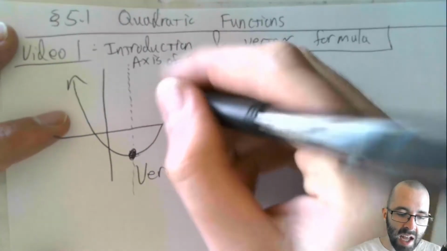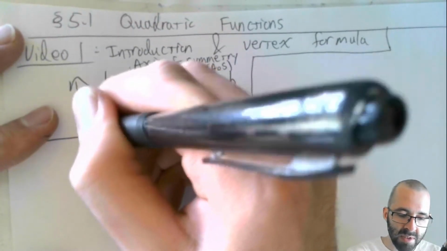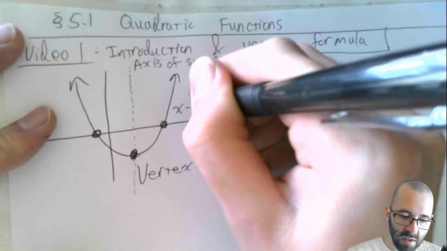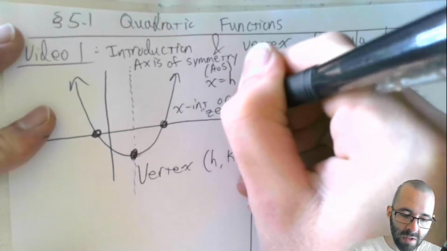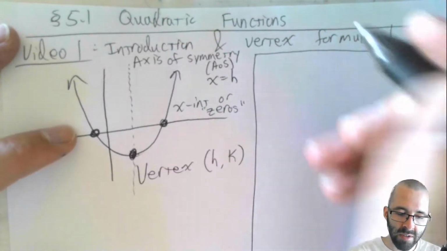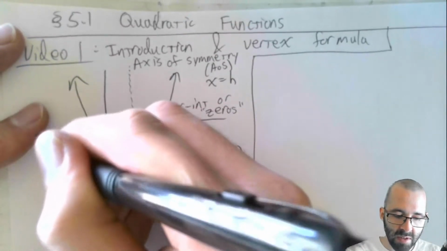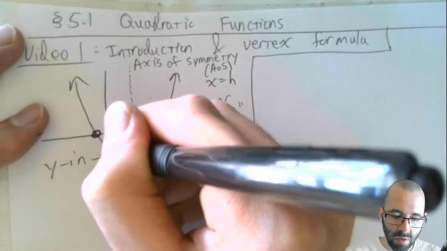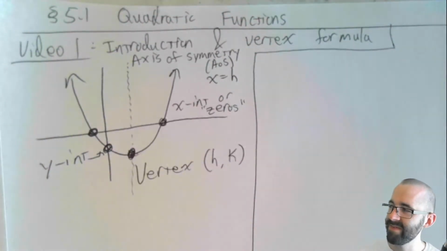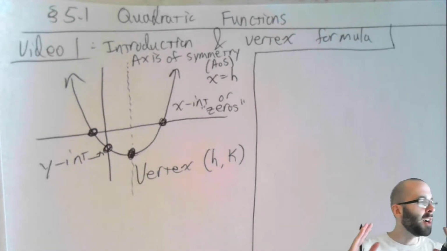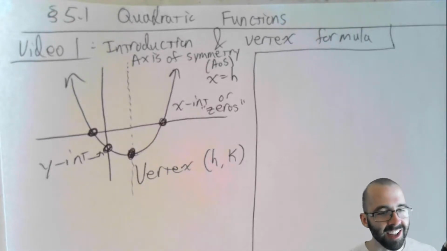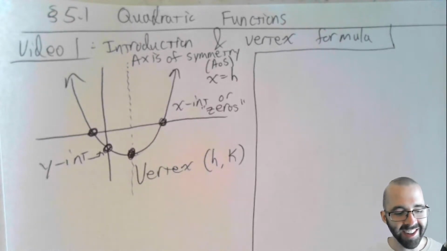Then we may also talk about x-intercepts, otherwise known as zeros, over here too. We also care about y-intercepts. Okay, so here are some of the things that we're talking about here. And there's a great color-coded, beautiful-looking graph in the online textbook.